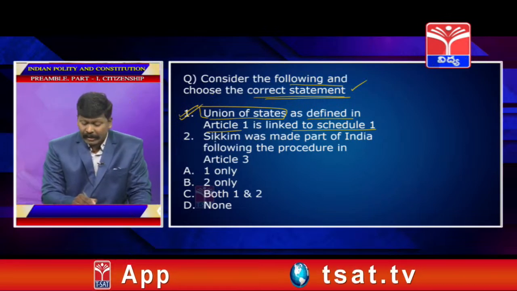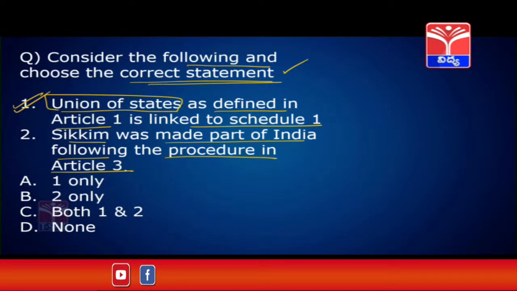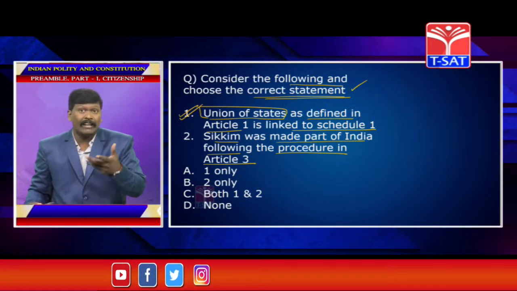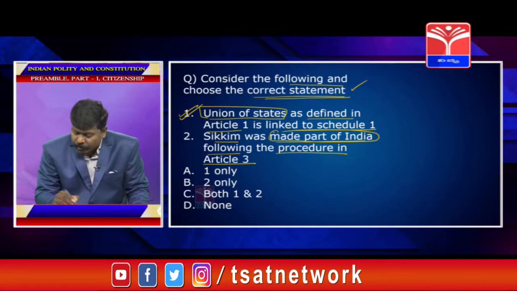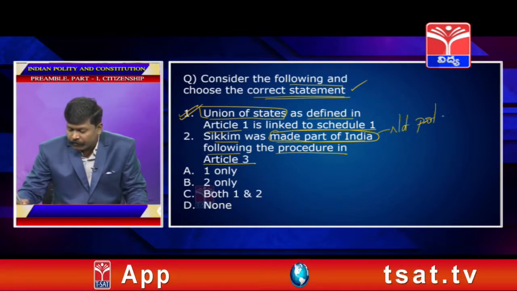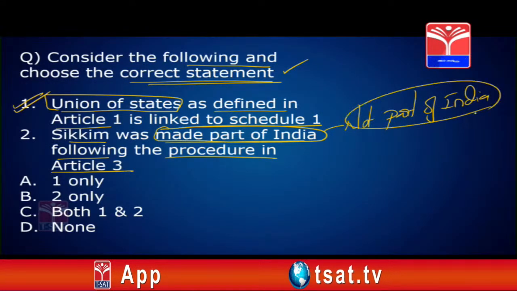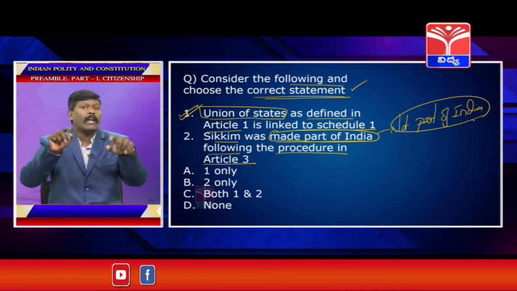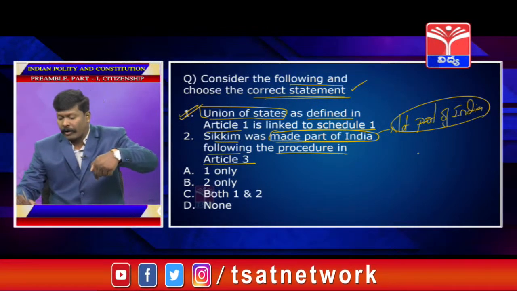Okay. Sikkim was made part of India following the procedure in Article 3. In the question only the answer is there. Was made part of India, meaning it was not part of India before. If any state is not part of India before, that state can be made part of India according to Article 2.